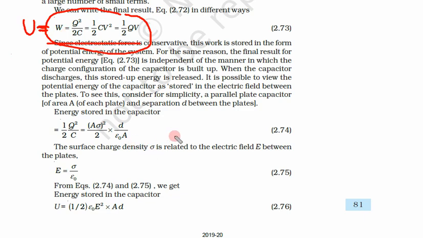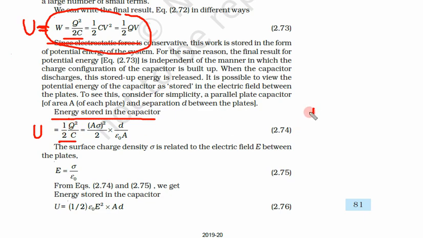Now for a parallel plate capacitor, let us see the energy stored in a capacitor. This is the formula: U is equal to Q square upon 2C. Now what is this Q?